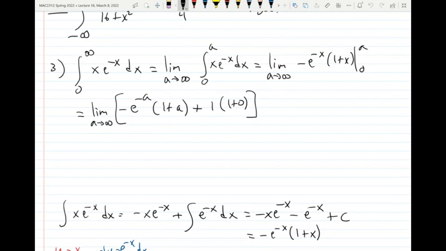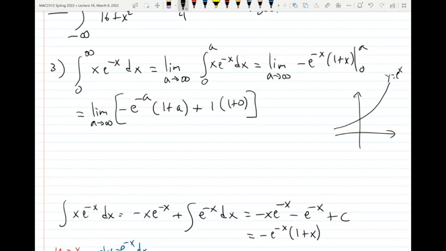So what happens when a approaches infinity? Let's take a look at this term right here. When a approaches infinity, the parenthesis goes to infinity, right? So this is infinity times something. What happens to e to the negative a when a approaches infinity? So think about the exponential function. How does e to the x look like? e to the x looks like this, right?